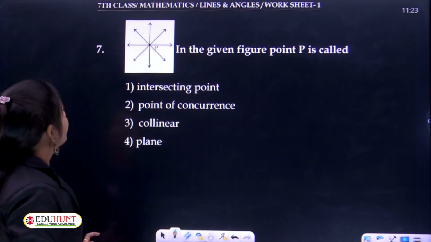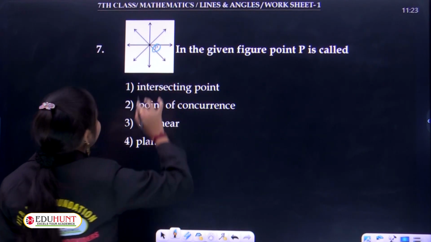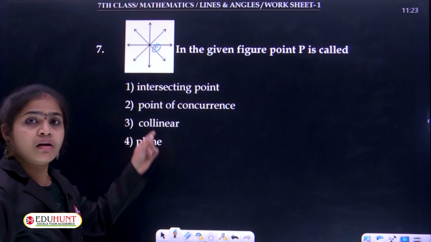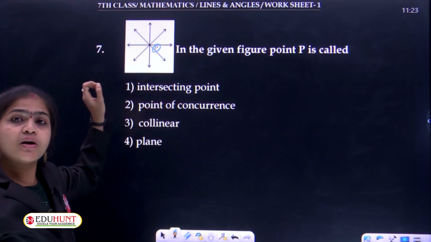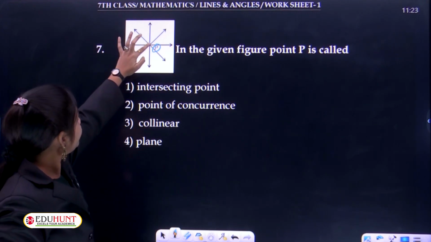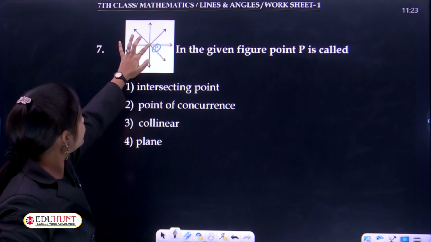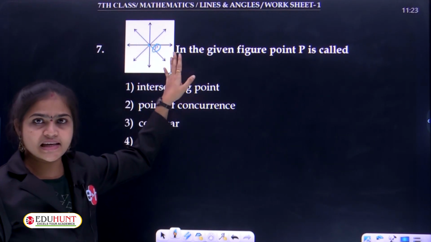Yes. Next, in the given figure, point P is called. Here P is there, no? Before going to know about that, what is the figure they have given? In this figure, here is point P. Through this point, how many lines are there? More than 2 lines are there.